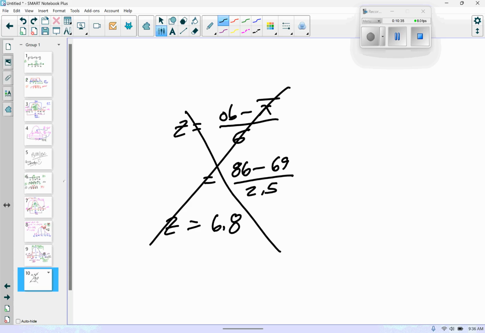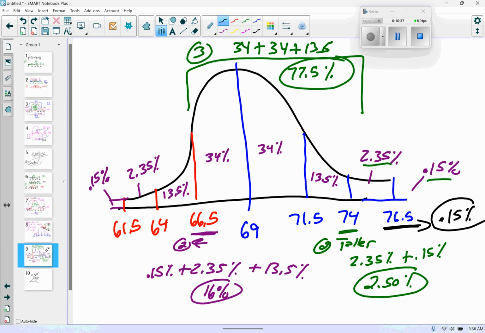Let's go back here. 100 minus 2.35 minus 0.15 minus 13.5. Okay. All right.